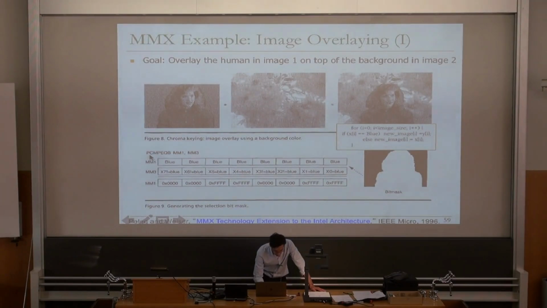With this packed compare equal byte instruction, we compare these two and store in the output vector 1 if the corresponding pixel is blue, or 0 if it's not blue.